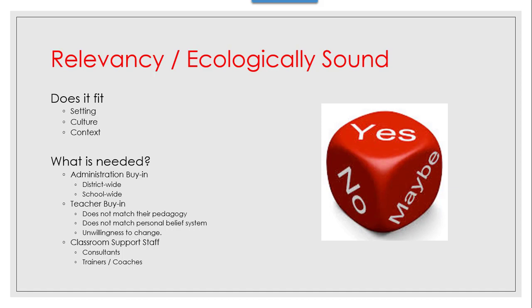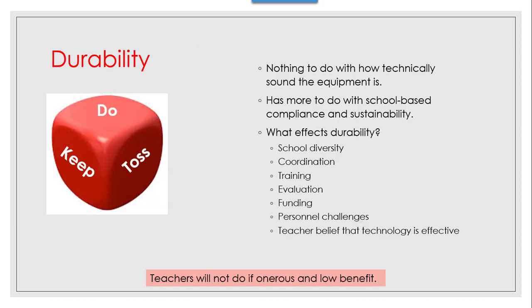It no longer will hold together, because then the administration has to actually pay for somebody to do the support or additional training, or the teachers have to add that to their already busy load. So this is the other thing. Is it actually going to fit within that setting, the culture, or the context? And then durability kind of goes back to this thing. When you pull the army of graduate students out, the whole thing just stops.